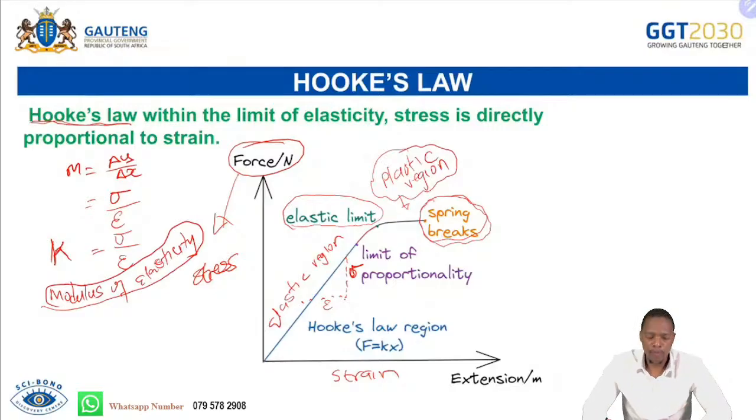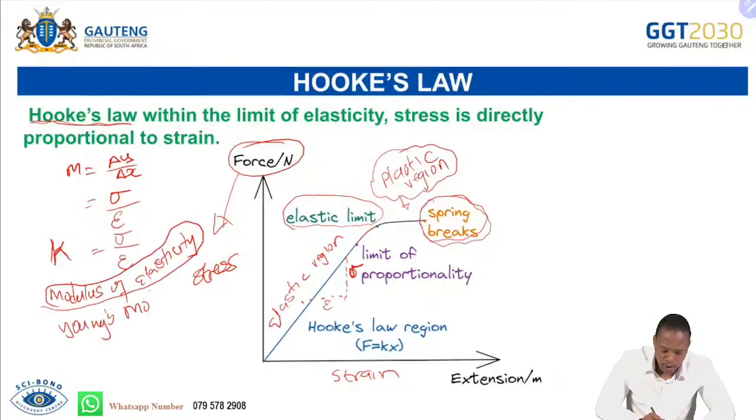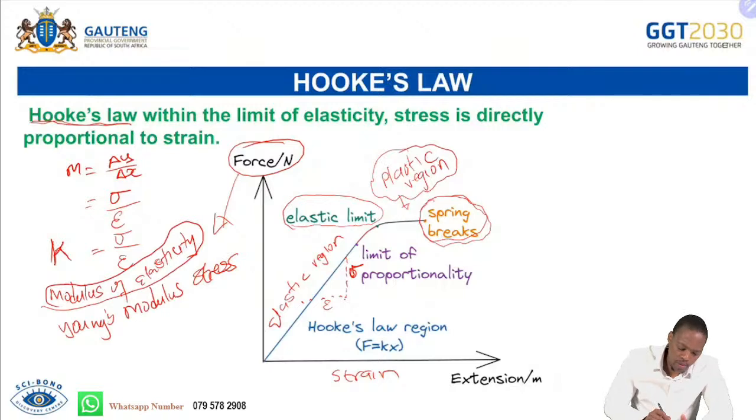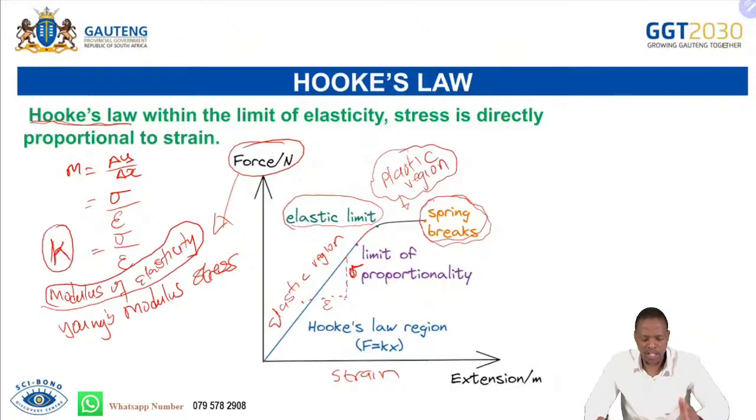It's usually a huge value, and it measures the stiffness of the object. The modulus of elasticity is also called Young's modulus, and it also has other symbols such as E or Y, but in our examination guideline, K is being used, so we'll stick to K.